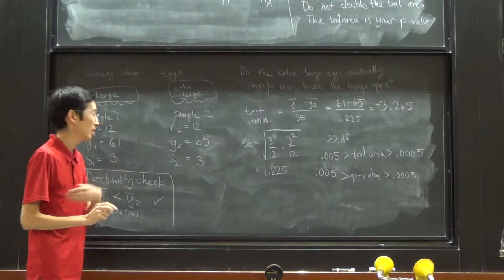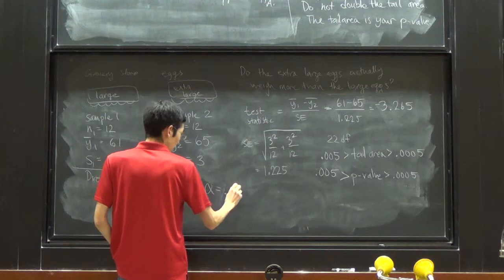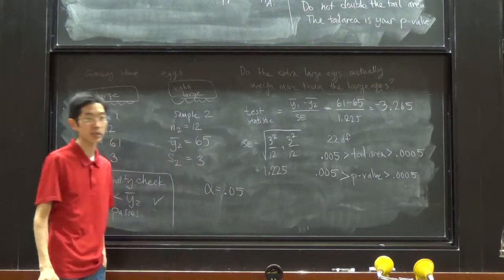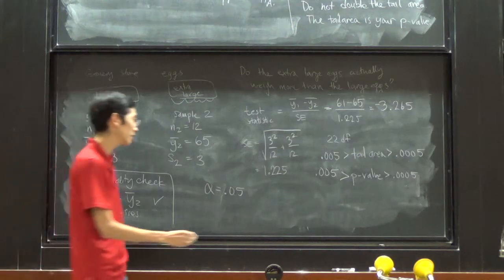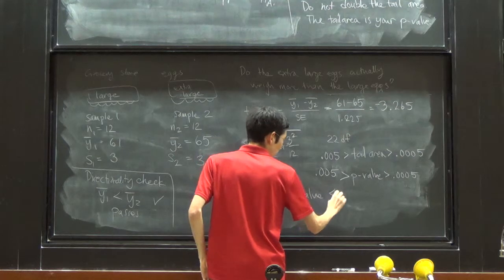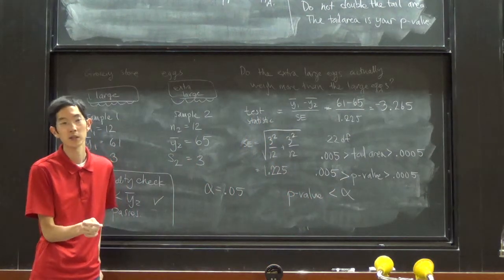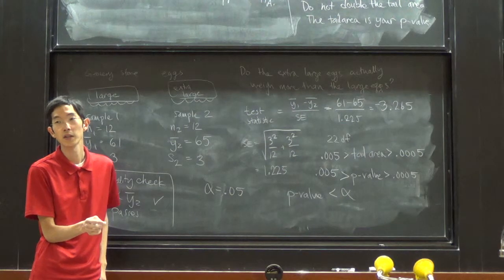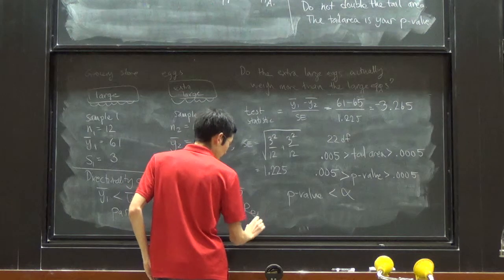Okay. And so let's say I'm using alpha as 5%. How does my p-value compare to alpha? Yeah, my p-value is much smaller than alpha. So what do I conclude? Yeah, so I reject the null hypothesis.